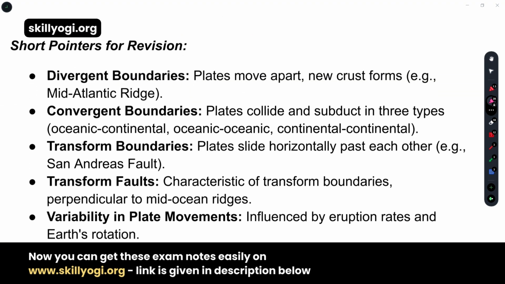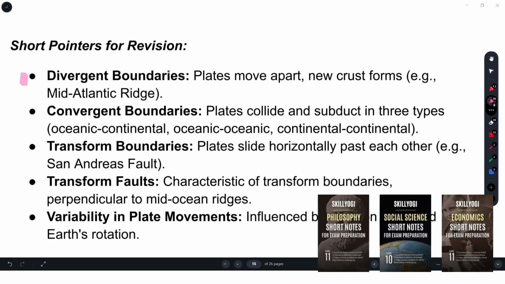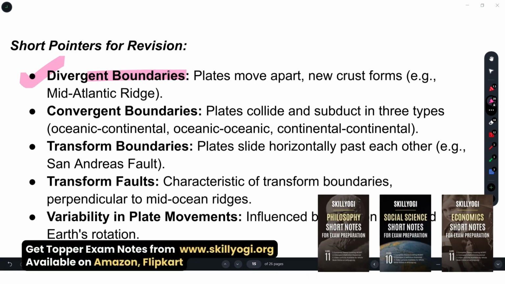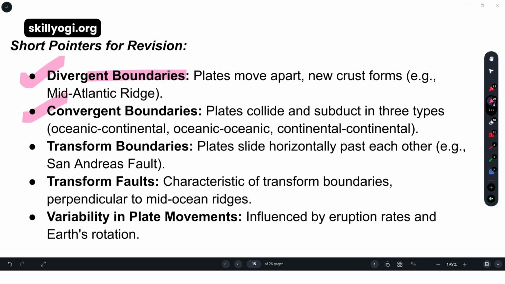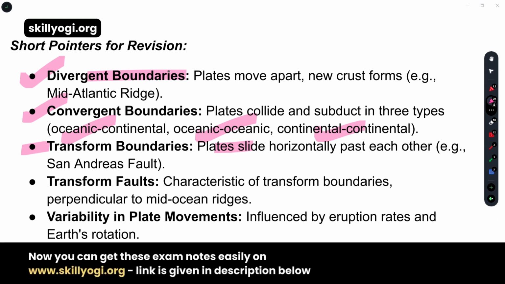So what we learned from the short pointers, we are going over again for revision. The divergent boundary means when plates are moving apart from each other. Convergent boundary, when they collide and subduct. Three conditions we have seen: oceanic-continental, oceanic-oceanic, and continental-continental. Next, transform boundaries: they are not colliding, not subducting, just passing alongside each other.